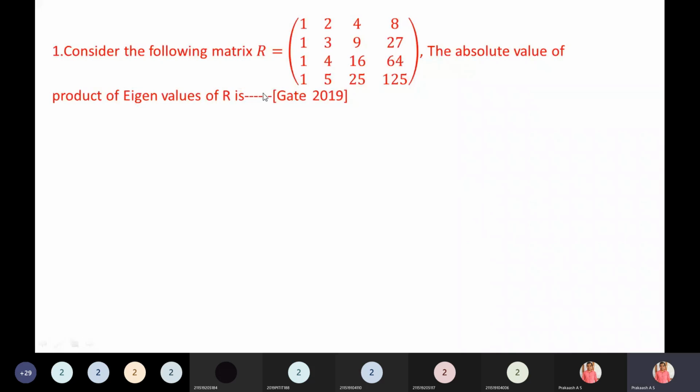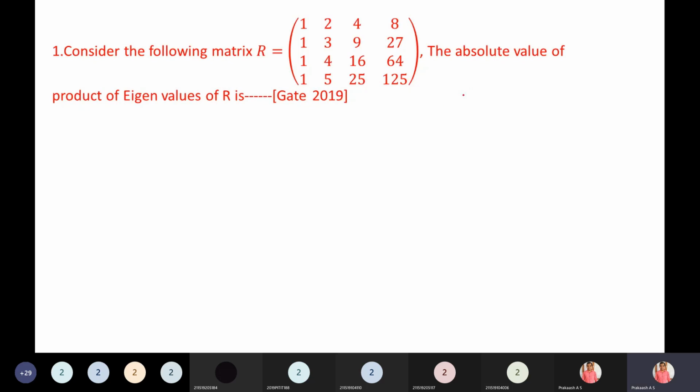Next problem. Consider the following matrix. Find the absolute value of the product of eigenvalues. It is very difficult to find the eigenvalues of a 4 by 4 matrix in our usual method. But if you use the properties of eigenvalues, it is very easy.